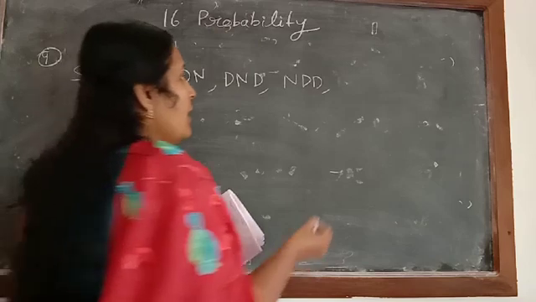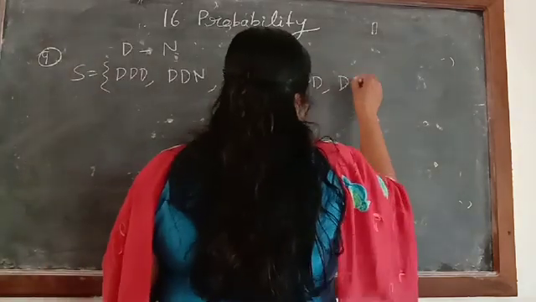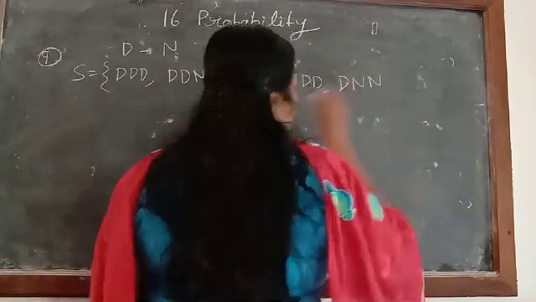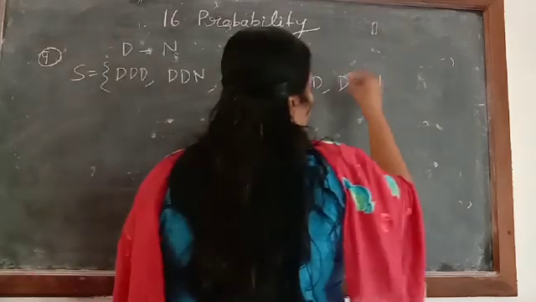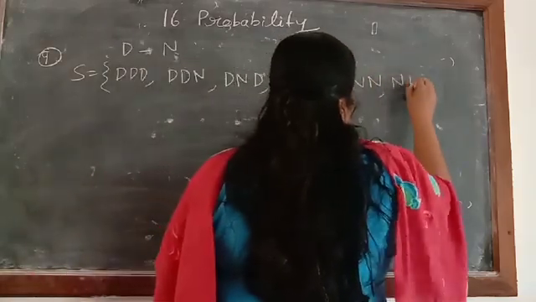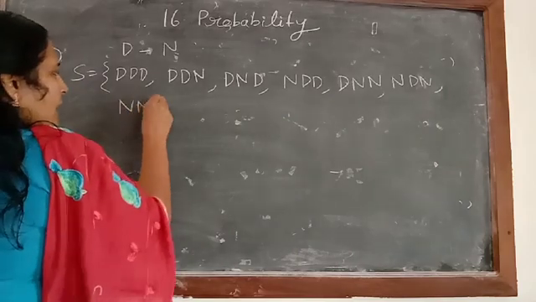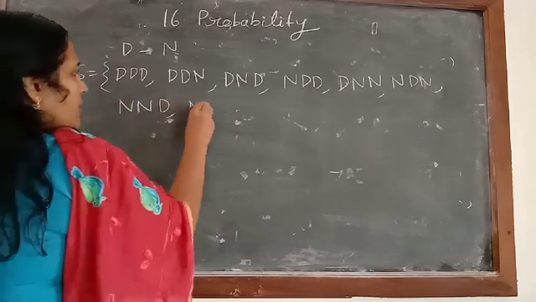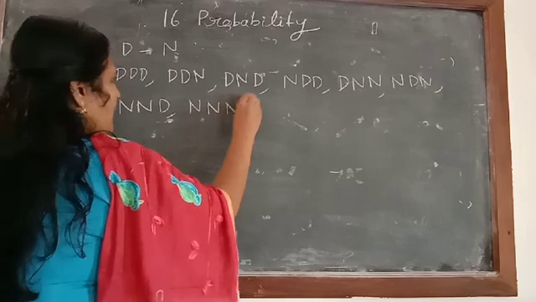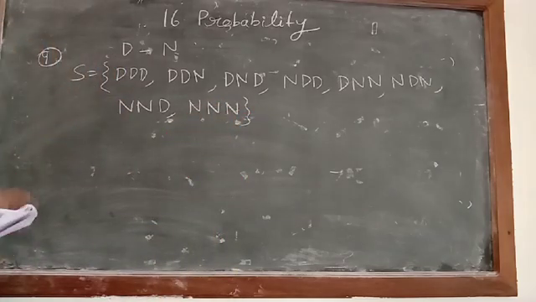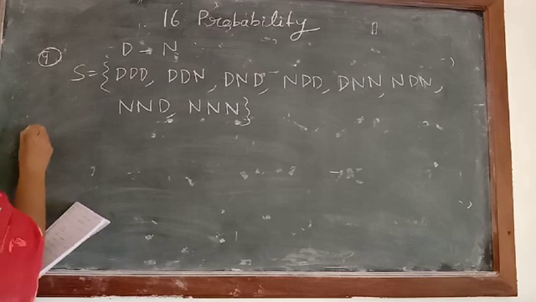Now we will take 1 defective and 2 non-defective. So it will be equal to D, N, N, or you can just change the order N, D, N, or it can be equal to N, N, D. And last will come, all the 3 are non-defective. So this will be the sample space for the given experiment. Clear? Okay. Now we can check the next one.